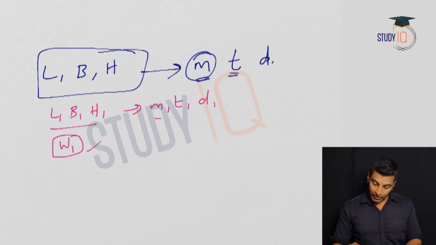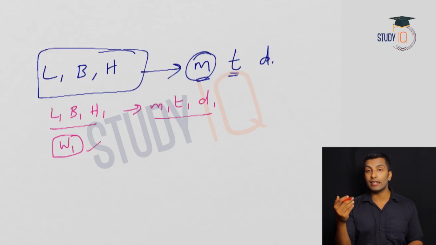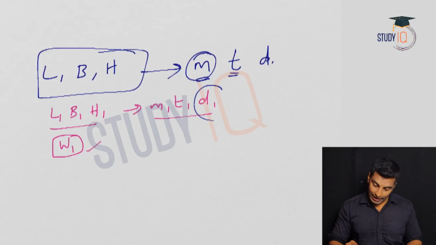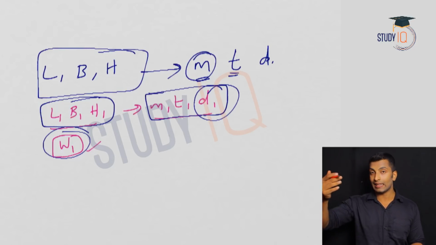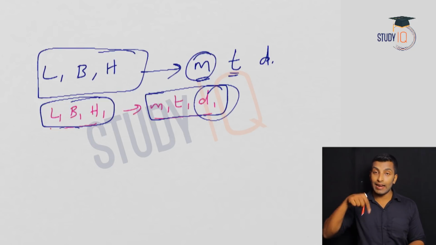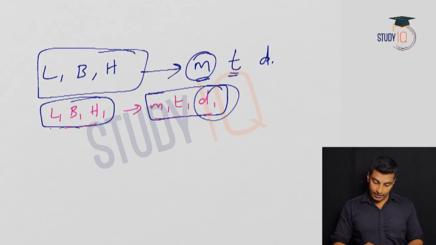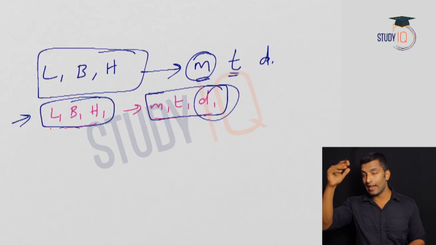Now here, the number of men, the time each person works per day, and the number of days it took to complete the work. In the previous case, if you see, just the number of days and the work are given. Now here the work itself is divided into 3 aspects, and on the number of days side you can again see 3 aspects. Now how will you make questions here? You can get another work, where the length will be different, the breadth will be different and the height will be different.